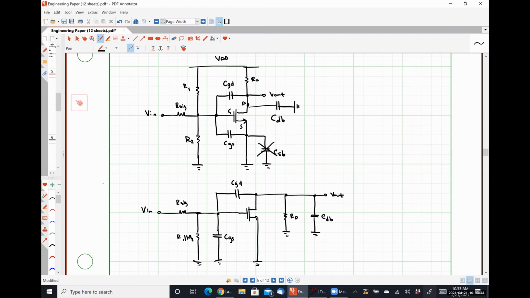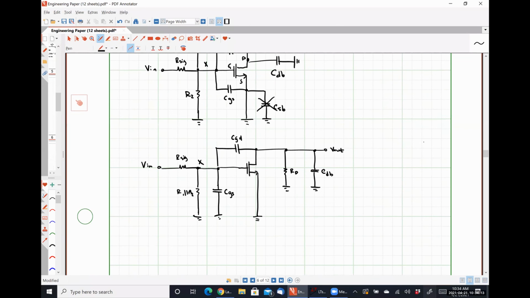So in this case, my node X is right here, and I can see that R1 in parallel with R2 is in parallel with CGS, but I'm not going to sweep that into my Thevenin equivalent. It'll make the pole stand out more if I don't do it, okay?